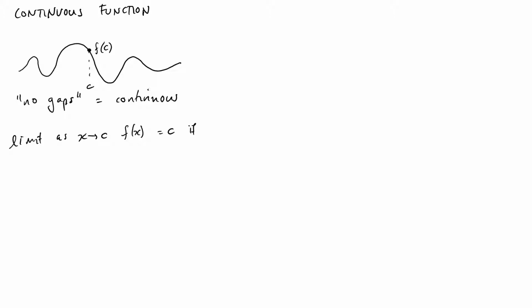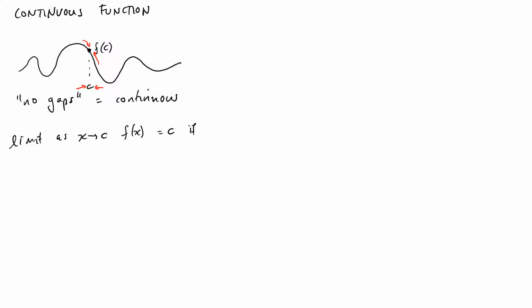Now, the way I initially understood limits is that as x gets close to c, then my function value must get close to f of c. And again, that's a pretty good hand-wavy explanation of what a limit is, but we can see that it doesn't quite satisfy enough rigor for this course. It's hard to quantify exactly what that means. But nevertheless, it's a good intuition.